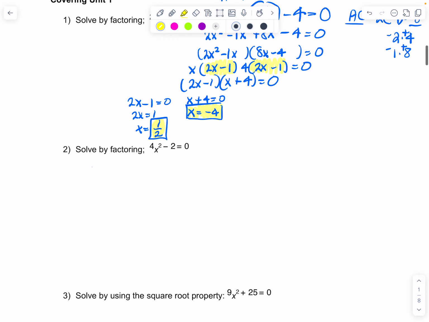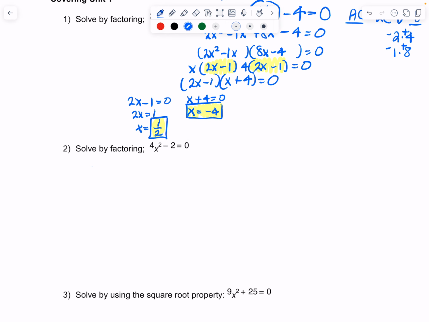Solve by factoring. So I'm starting out with 4x squared minus 2 equals 0. Anytime it says factoring, you should ask, does it have a GCF? In this case, it does. The GCF of both of those terms is 2. So if I take 4x squared divided by 2, I'm left with 2x.